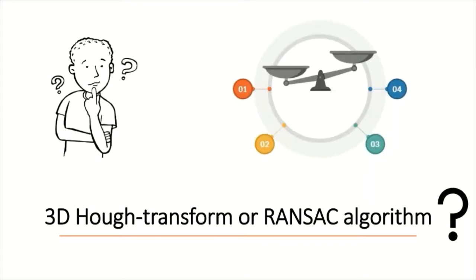This can be decided based on accuracy, quality of result, processing time, and memory required. Based on this, RANSAC outperforms the 3D Hough transform with an accuracy of 70%, and it gives an output of high quality. Also, the processing time and memory required for RANSAC are negligible as compared to the 3D Hough transform.